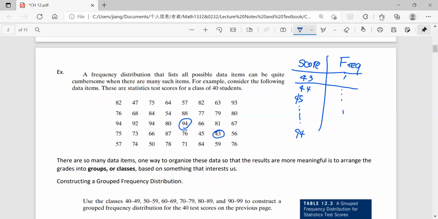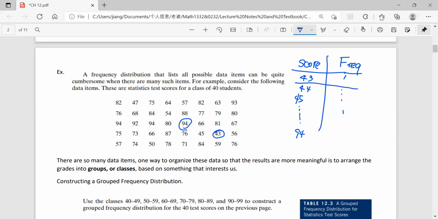One way to organize these data so that the results are more meaningful is to arrange the grades into groups or classes. Yeah, we can make the grades into classes. So what kind of classes?